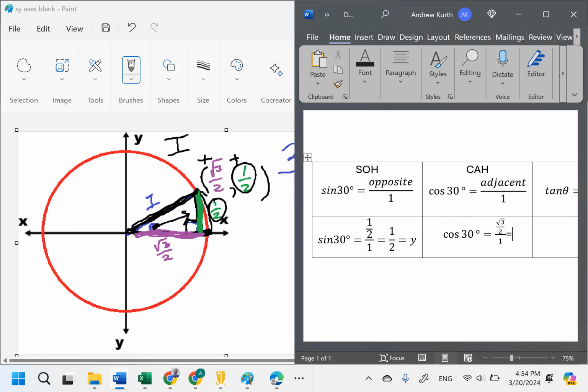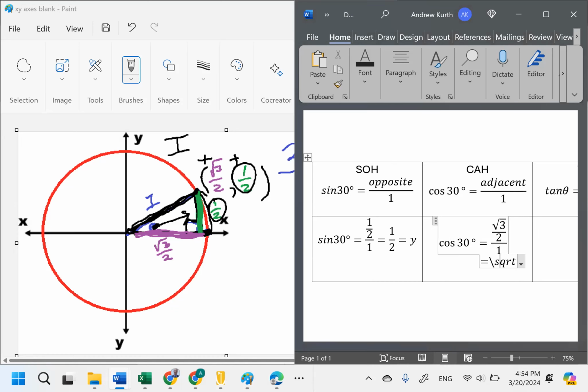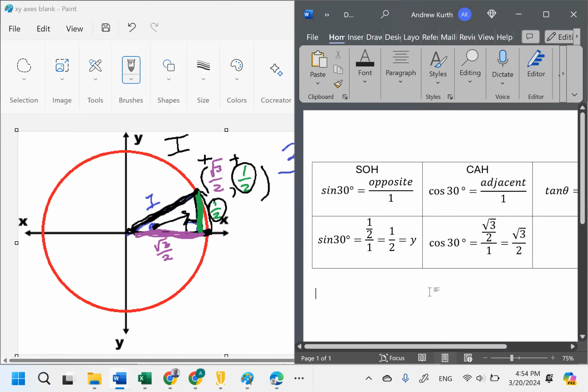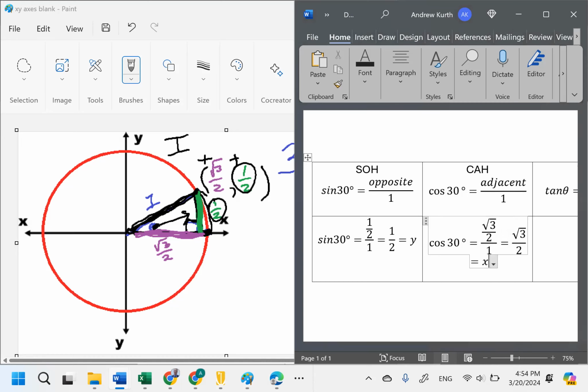So that equals square root of 3 over 2. So the cosine of 30 degrees is just square root of 3 over 2. And the other thing we want to remind is that the cosine is just the x value. So you see the purple value is to the right, and that's how far we went to the right. That's the x value.